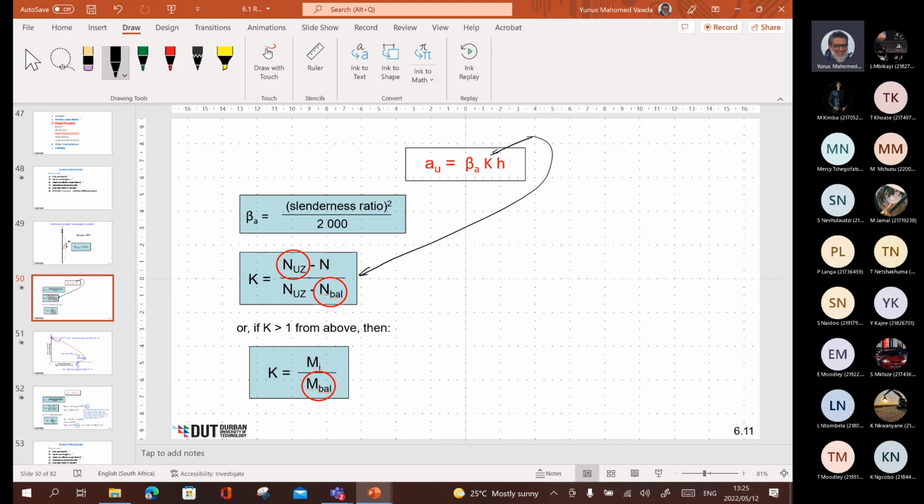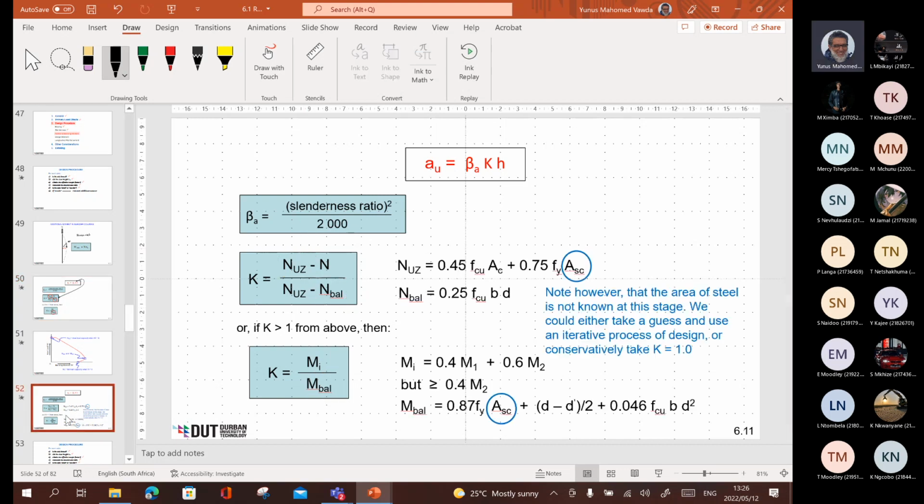N_uz is given on page 611. Please look at page 611. So it's lower down here, let me show it to you. N_uz is 0.45 f_cu A_c plus 0.75 f_y A_sc, and it's ringed because generally we don't know the steel when we're starting, so we have to make some assumptions.